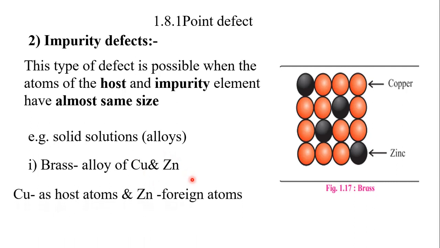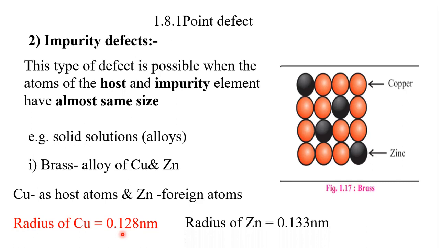Here the copper atom is a host atom, a regular atom, and the zinc atom is an impurity atom, or it is called a foreign atom. So here this foreign atom displaces copper from its regular site. The radius of copper is 0.128 nanometer, and the radius of zinc is 0.133 nanometer.